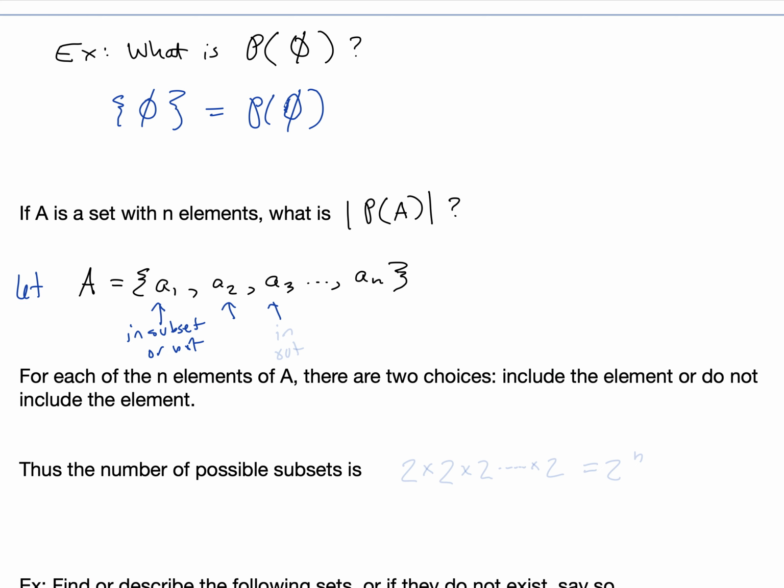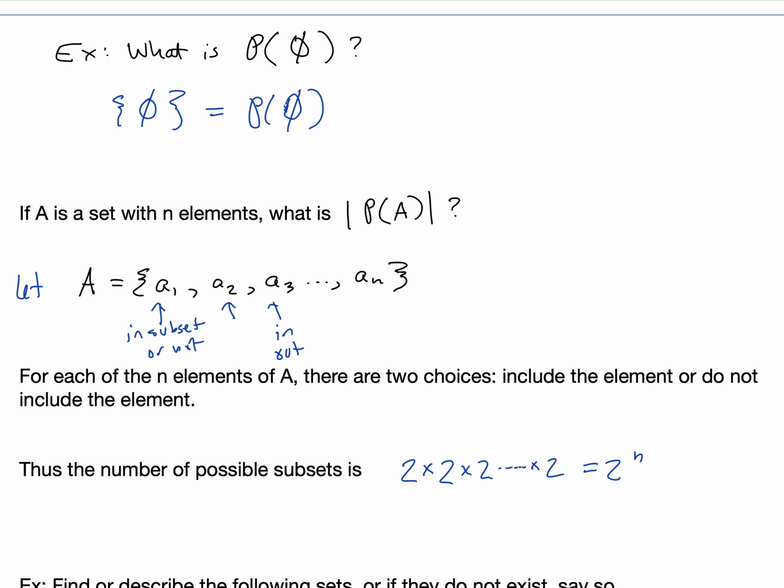Either it is in or out of the subset. So the number of possible subsets is 2 choices for the first element, times 2 choices for the next element, and 2 choices for the next, and 2 choices for the last element. Therefore, the number of possible subsets is 2 to the nth power.